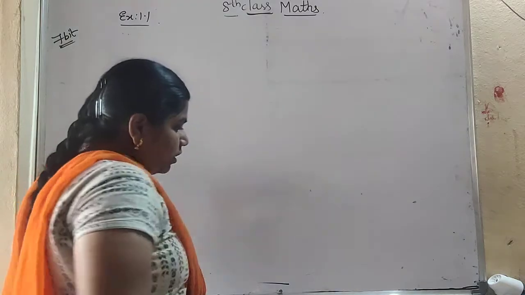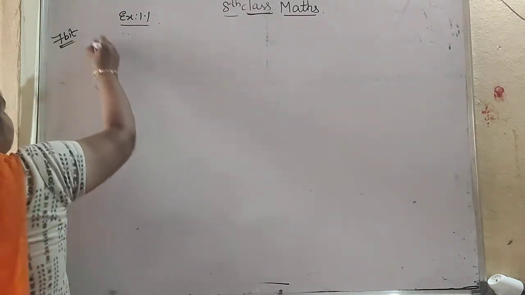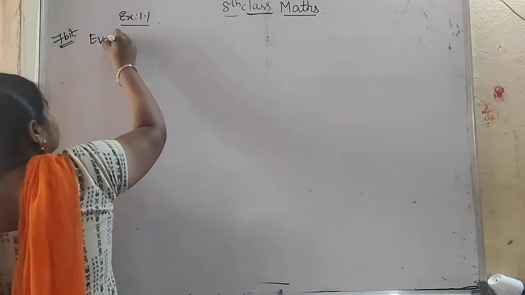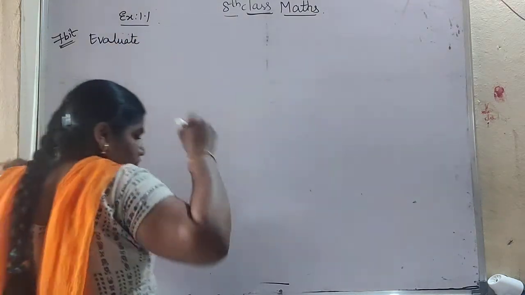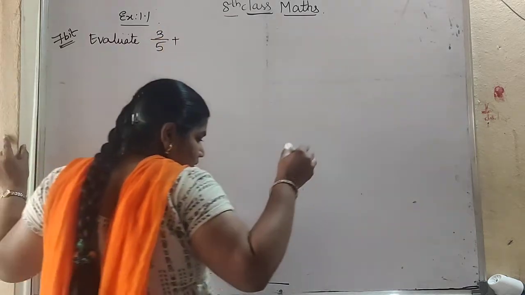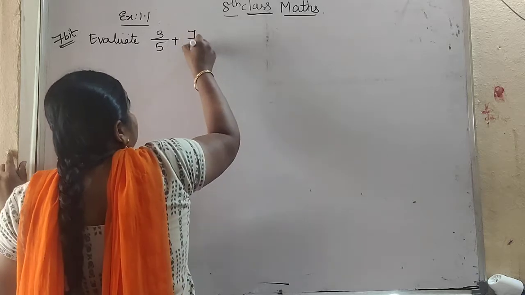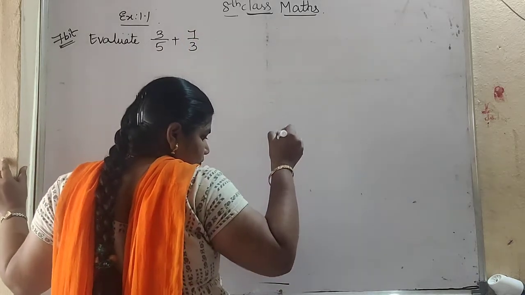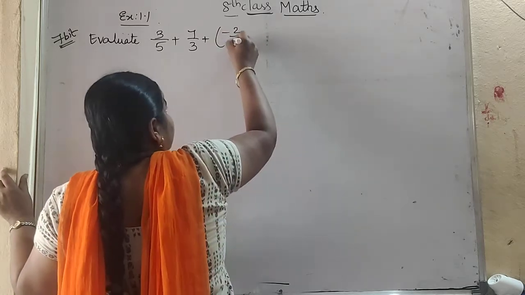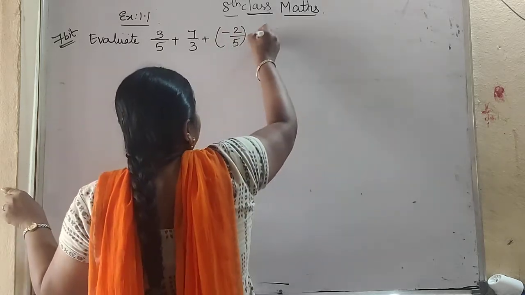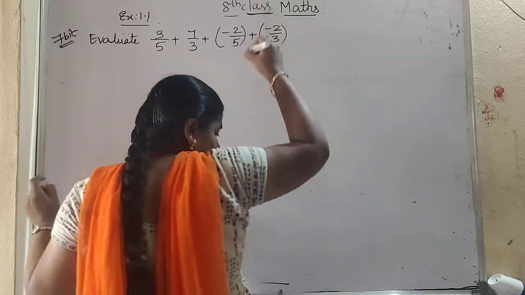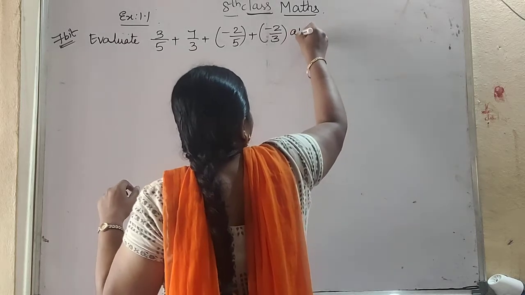So what is the question? Evaluate 3 by 5 plus 7 by 3 plus minus 2 by 5 plus minus 2 by 3, after rearrangement.